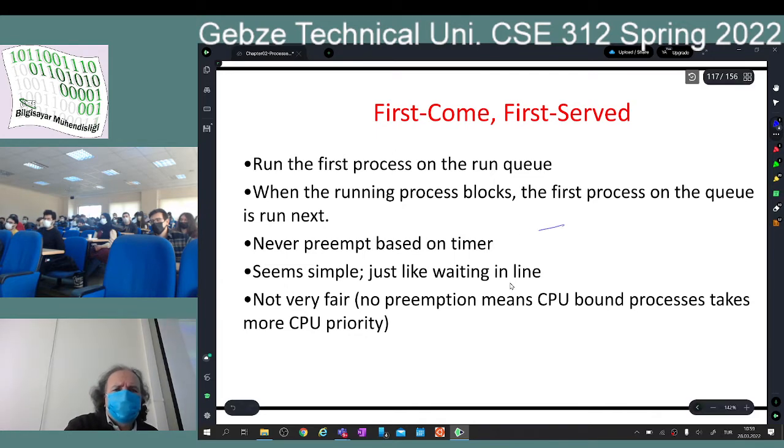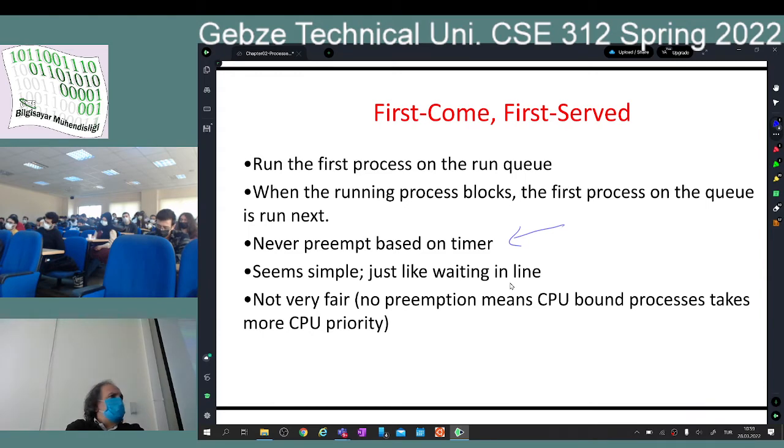Batch processing operating systems, they don't do preemption, even if they have timer hardware. These are expensive computers, right? Having a timer hardware is not a big issue. They can give the money, but we never preempt based on the timer.